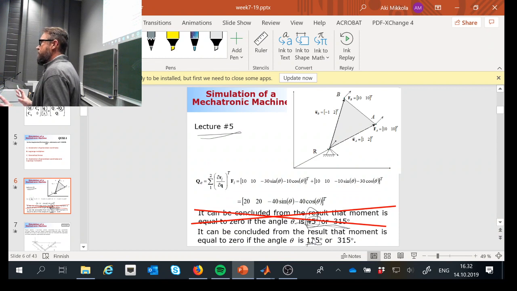How does it go? Well, you need to take a close look at the body reference coordinate system that is located here. This is the x-axis, and I'm measuring the rotation of the x-axis like this, starting from here, of course. This is equal to 315 degrees.